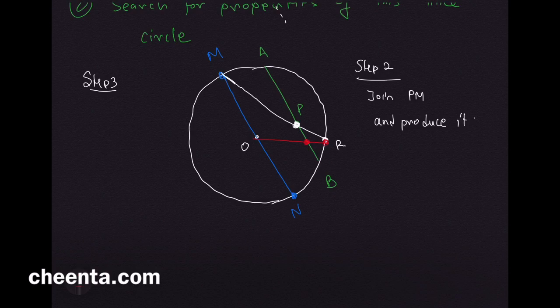So my claim is that this point right here, let's call it O1, is the center of the small circle. And you can draw this small circle like this. And you can prove that indeed this will be tangent to the big circle at the point R. It will definitely pass through the point P due to the construction that we did.